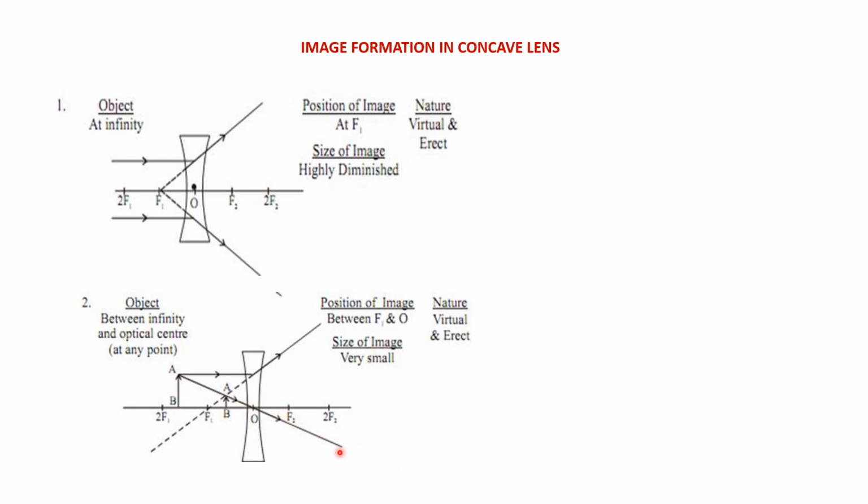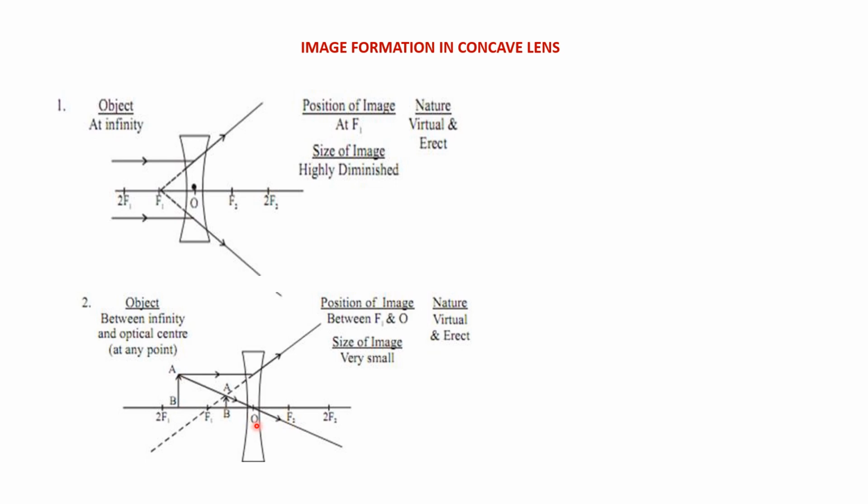Now what you have to do is produce the first ray backward. Wherever these two rays meet after refraction, that is the point between the principal focus and the optical center.